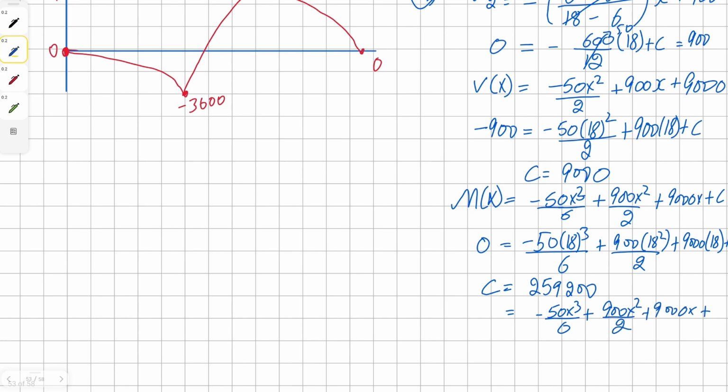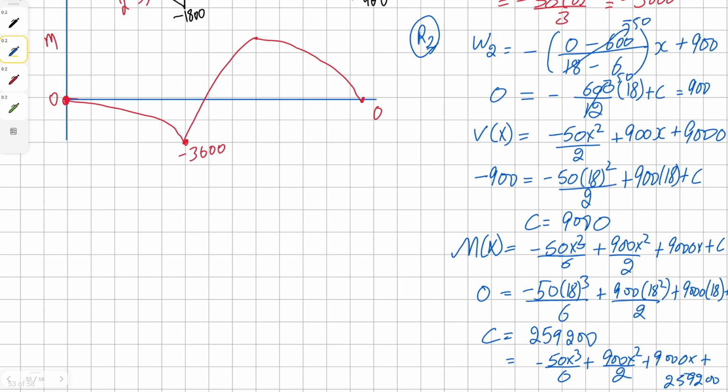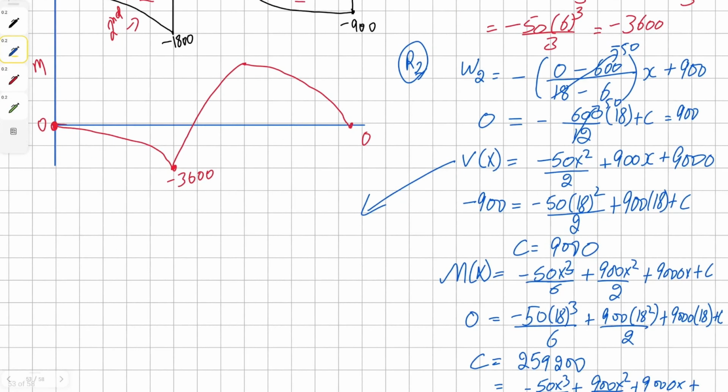Now before we proceed, I want to confirm that our values are correct. We will begin with our shear. So for shear, let's see what the value comes up to when x is 6. So we're going to have negative 50 times 6 squared divided by 2 plus 900 times 6 plus 9000.